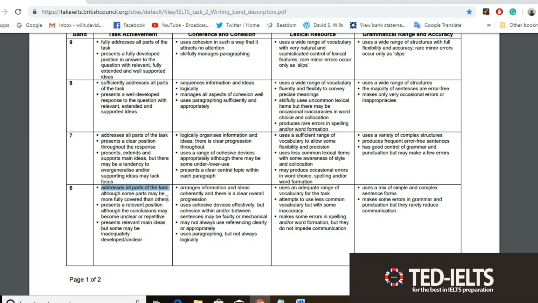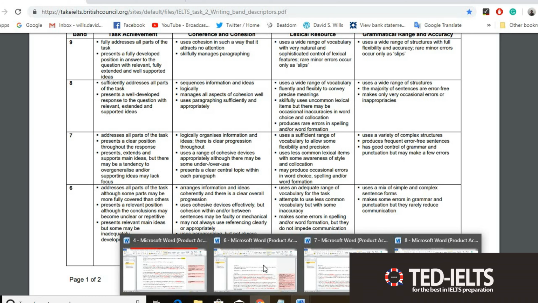So there's maybe more detail for the solution than the problem, or more detail for the problem than the solution. There will be a relevant position, but maybe there's some problems with that. And the main ideas will be presented quite well, but some parts of it may be inadequately developed or unclear.